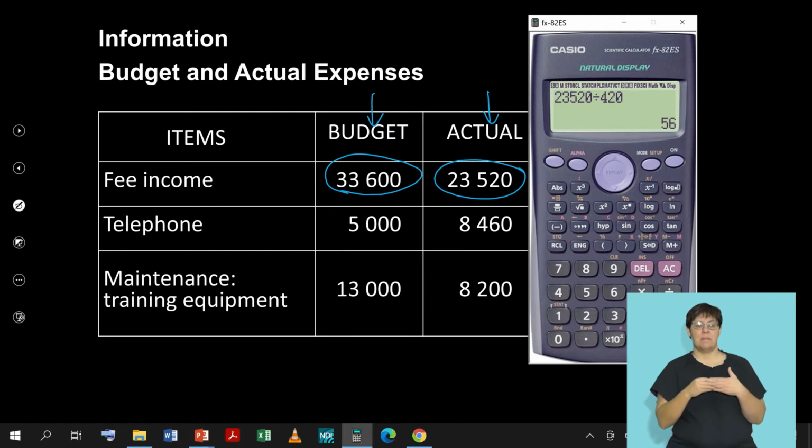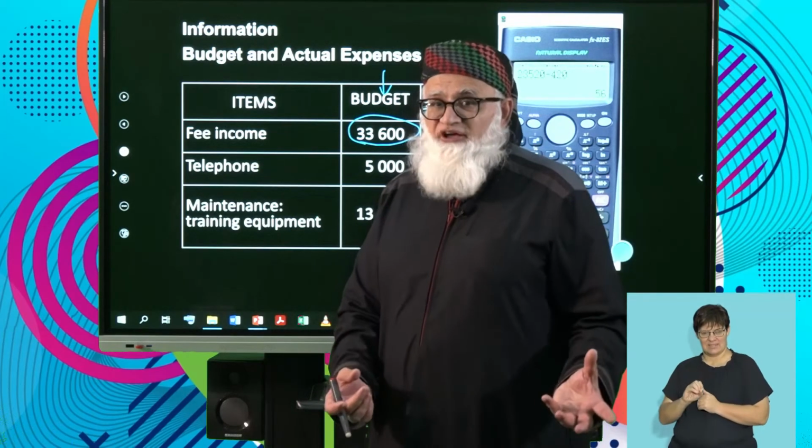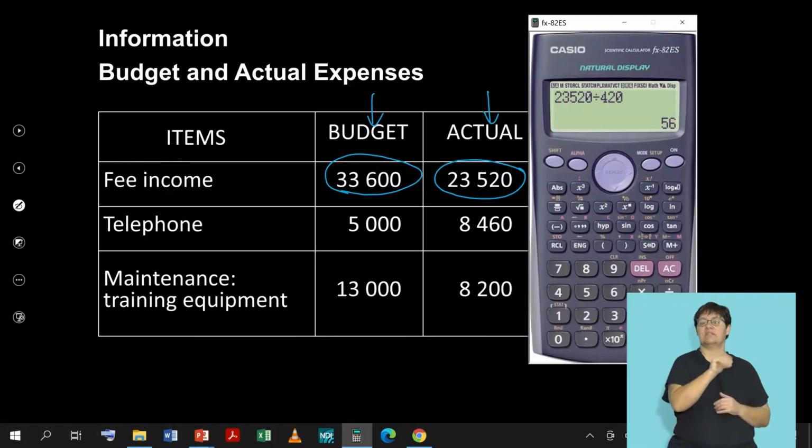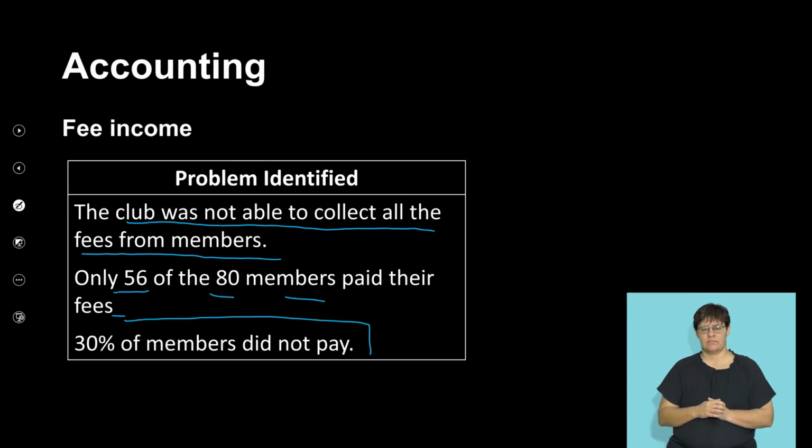Remember we said we had members and then there's an increase of 25%. Remember the 80 plus the 20? So therefore you can clearly see here now only 56 members actually paid their fee income. In other words, only 56 of the 80 members paid their fees, right?